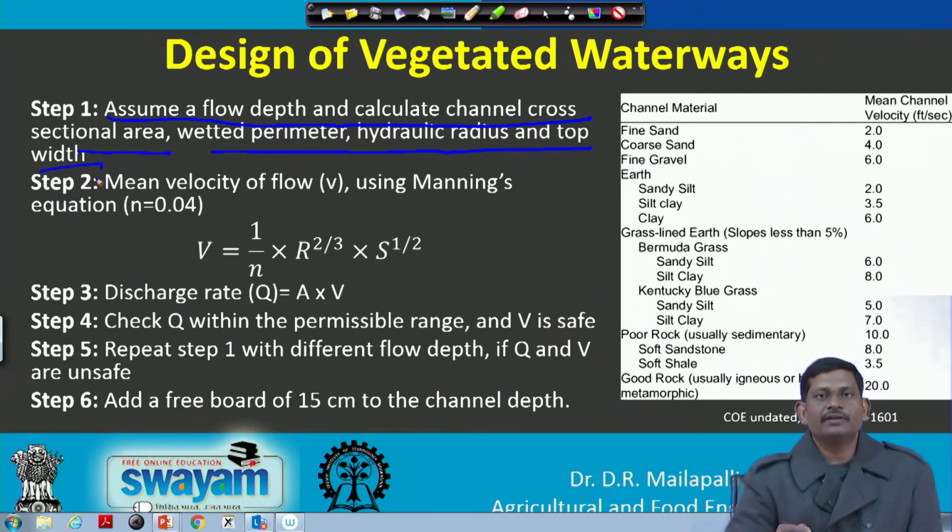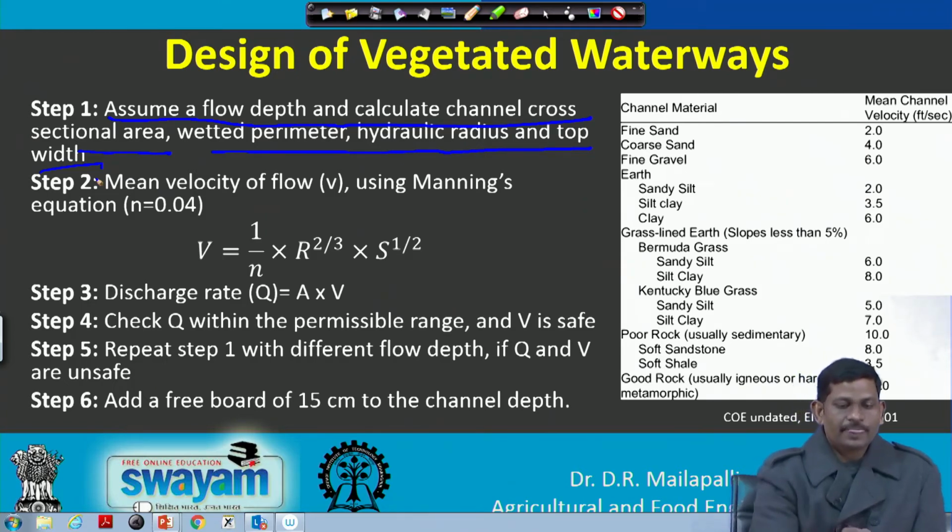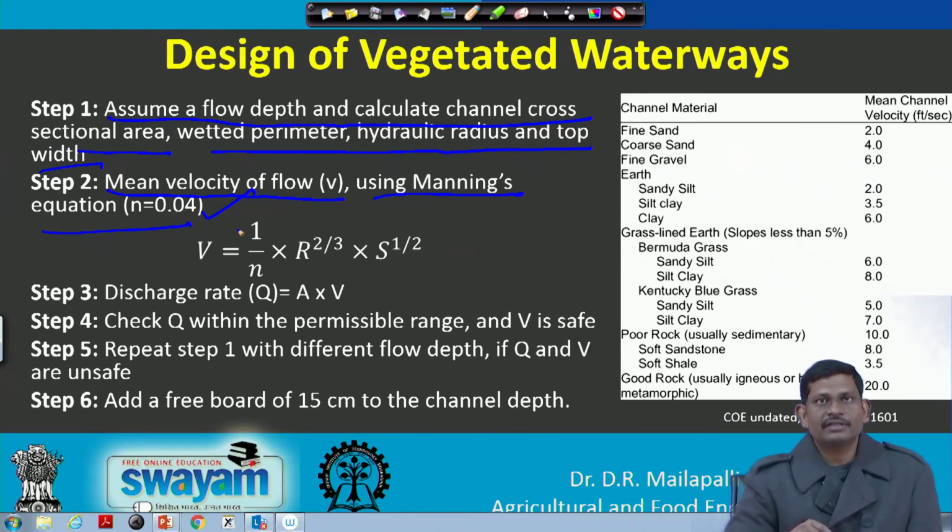Basically you assume a particular shape for constructing the waterway, and knowing the shape, we know the design dimensions. And then the mean velocity V using Manning's equation, where generally for grassed waterways N is equal to 0.04.